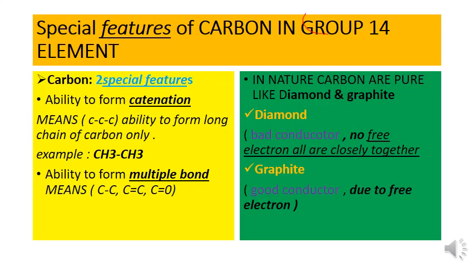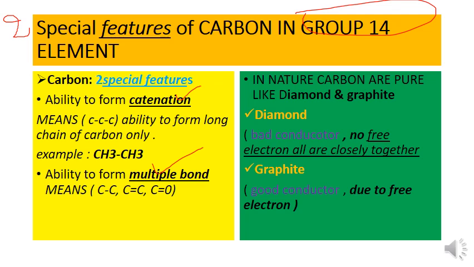Let us continue with group 14, where we have carbon. We have many elements here, but we are going to deal with carbon. Carbon has two special features: the ability to form catenation and the ability to form multiple bonds.